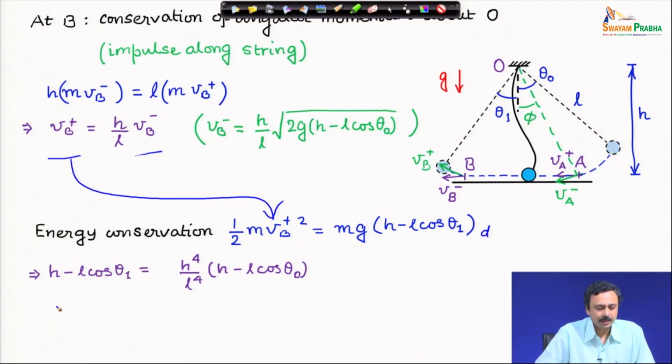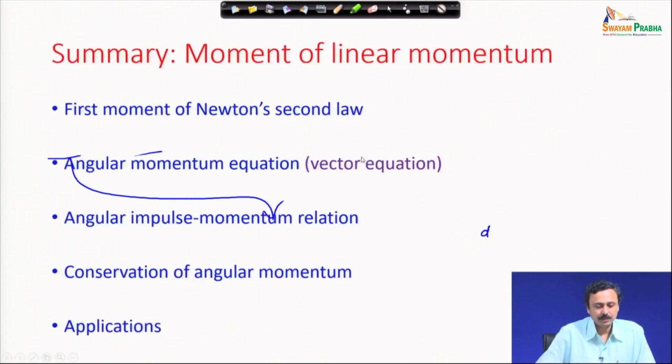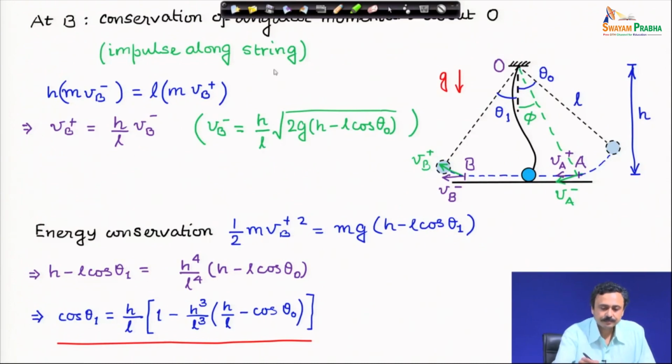This is straightforward algebra, you can do it and check how theta 1 is related to the other parameters. The expression for cosine of theta 1 you can find easily, in terms of h, L, theta naught, etc.